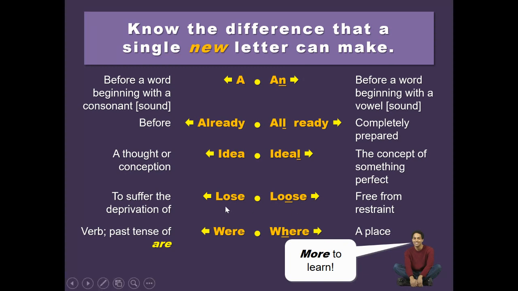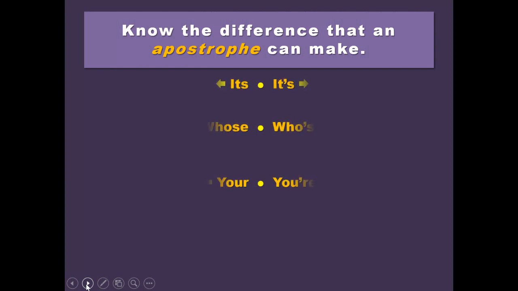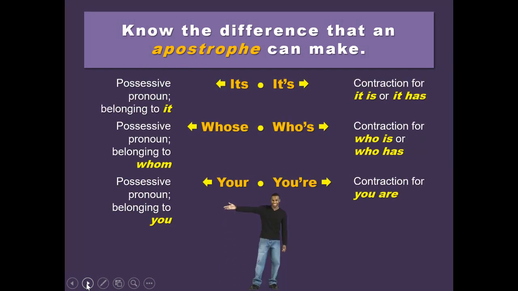So remember, lose would be like, you lose the game or you lose something, but then loose means like your belt is too loose or your pants are too loose. Another popular one is were and where, and another biggie would be, oh, this will be in our next one, I think. Let me not get ahead of myself. We'll get there in a bit.